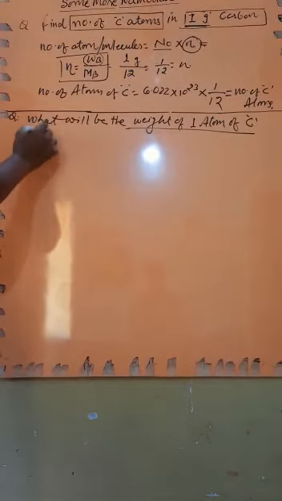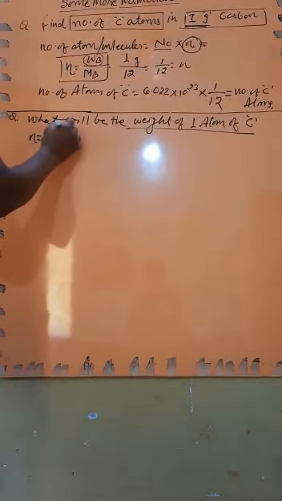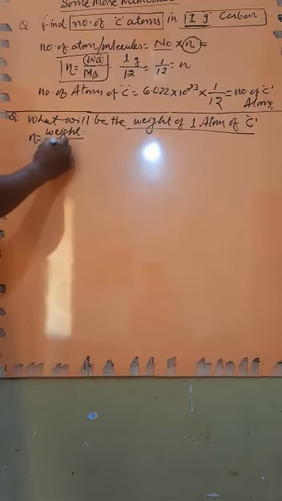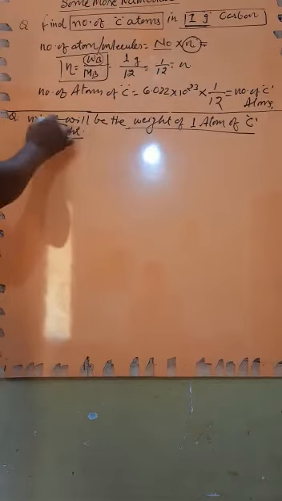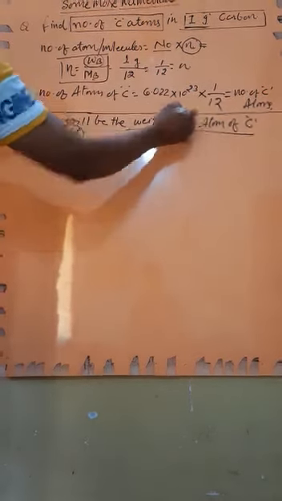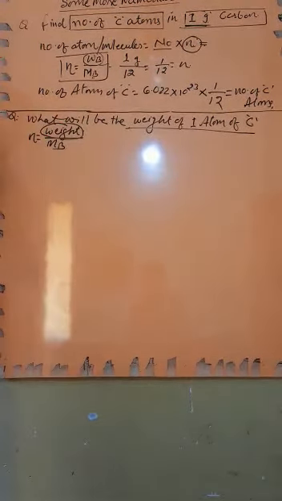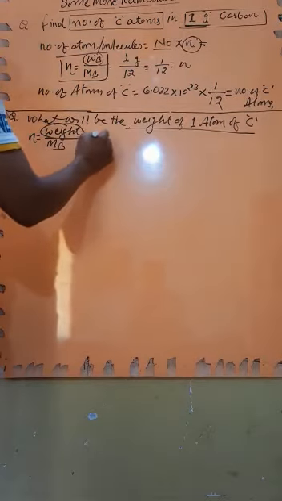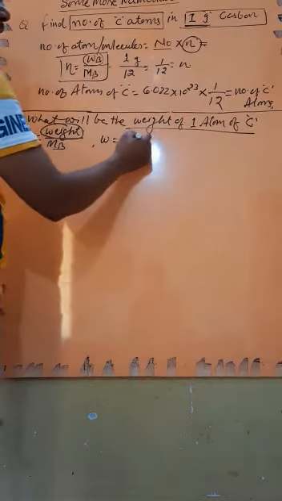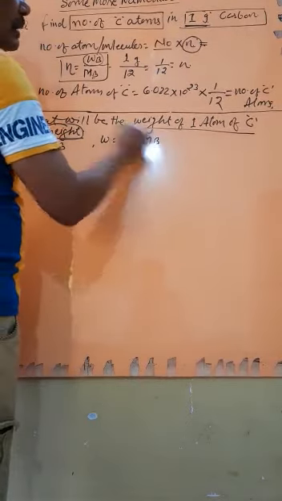Number of moles is equal to weight given divided by molar mass. But here we have to find the weight of 1 atom of carbon. So weight is equal to number of moles multiplied by molar mass.